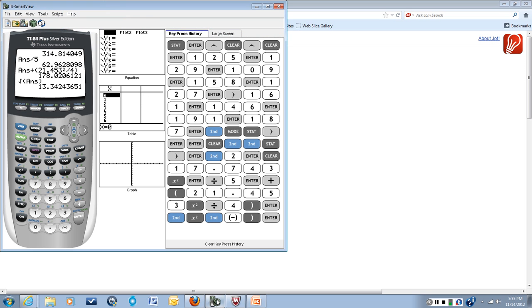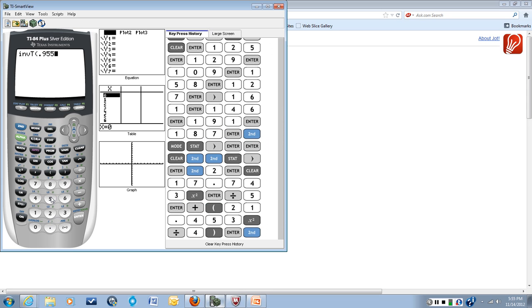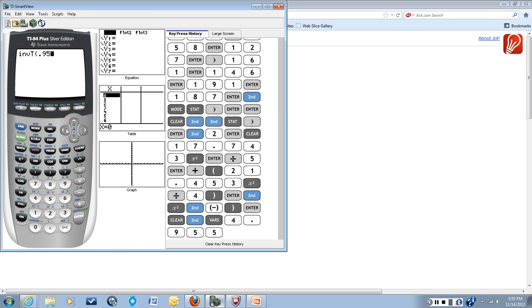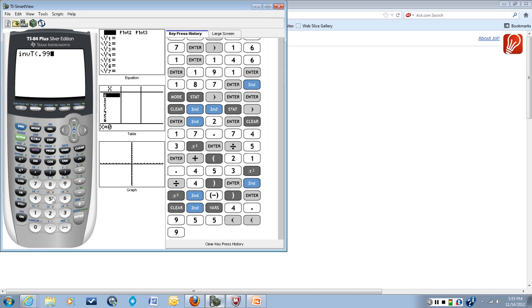And we'll clear all this out. And what we're going to use to do that is the inverse T function. And that's on the distribution menu, number 4. The first value that we're going to put in is the area to the left of our critical value, 0.995 for a 99% one.